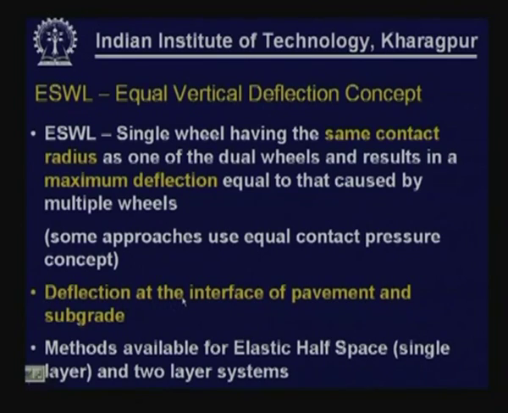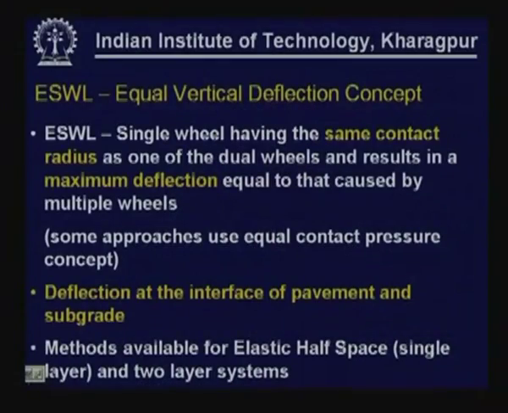Normally we calculate the deflection at the interface of a pavement, or at a specified depth in the pavement system if it is only a single layer system. So if it is a single layer system, we calculate the deflection at a specified depth. If it is a pavement and subgrade two layer system, the deflection will be calculated at the interface.